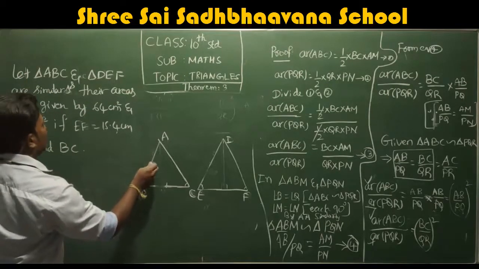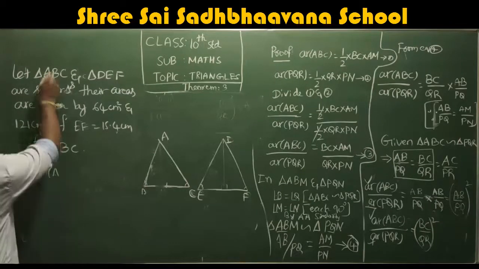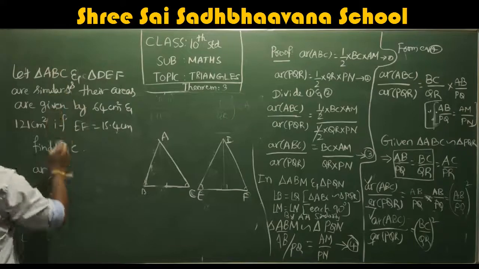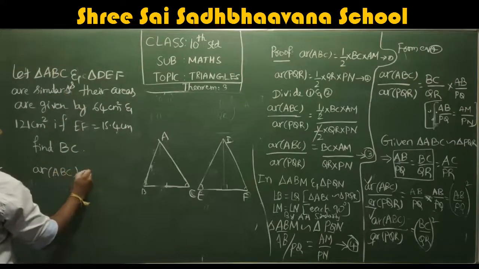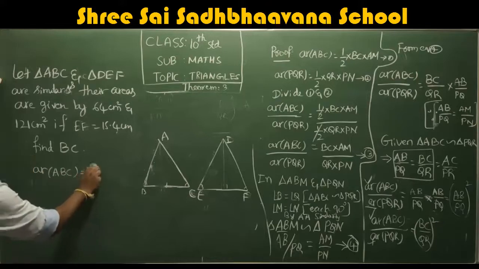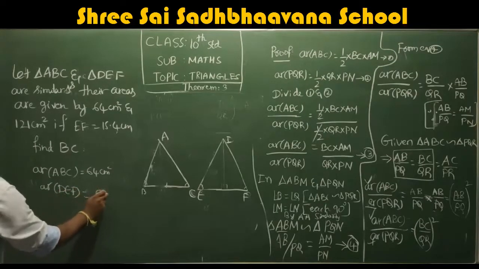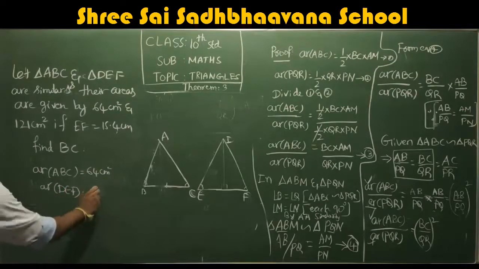Which area? Triangle ABC area is given, and correspondingly you have to take the other. Triangle ABC is 64 centimeters square, and the triangle DEF area is 121 centimeters square.